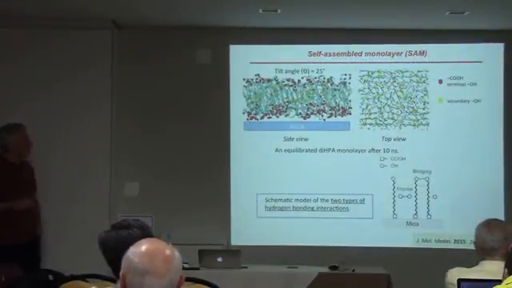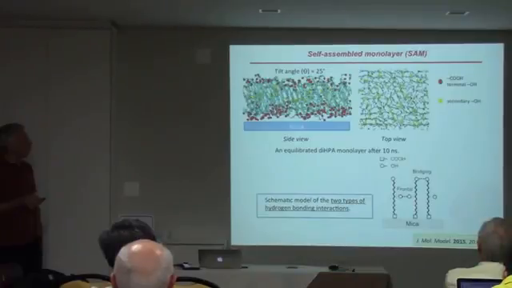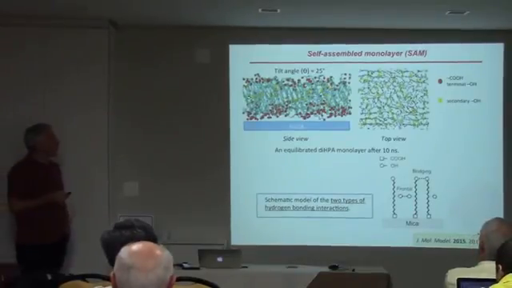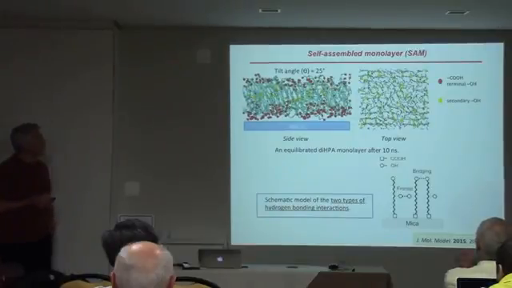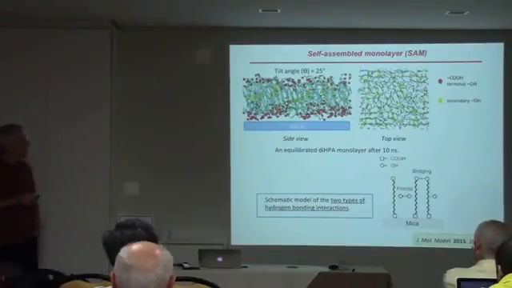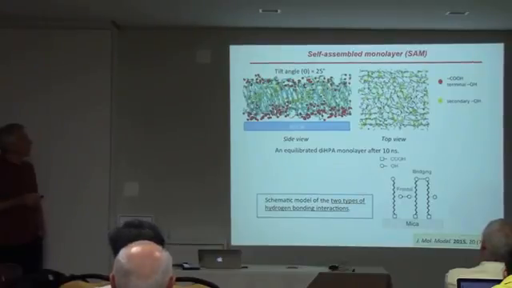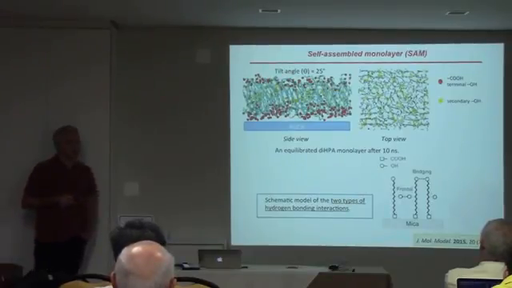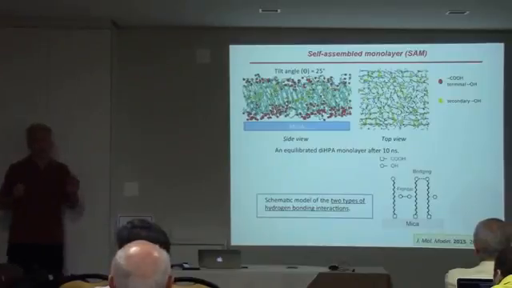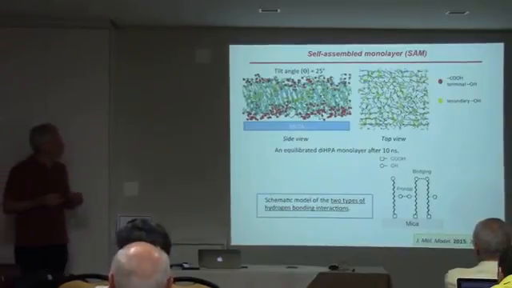So again, the simulation can show us that in the monolayer system we find a very uniform hydrogen bond network from the lateral hydroxy groups, which is in yellow, and on the top is a second hydrogen bond network formed by the terminal hydroxy groups.